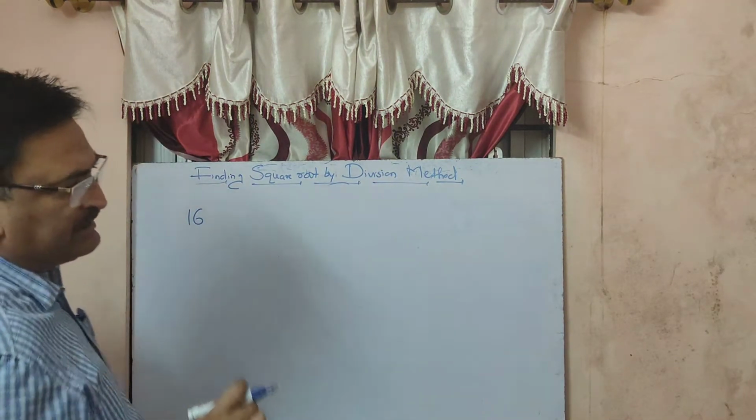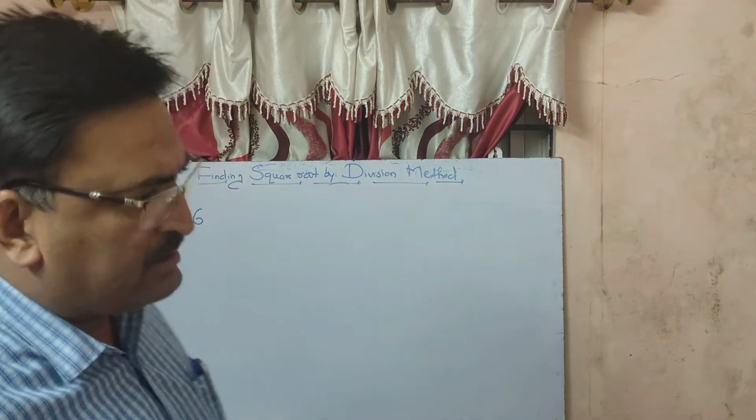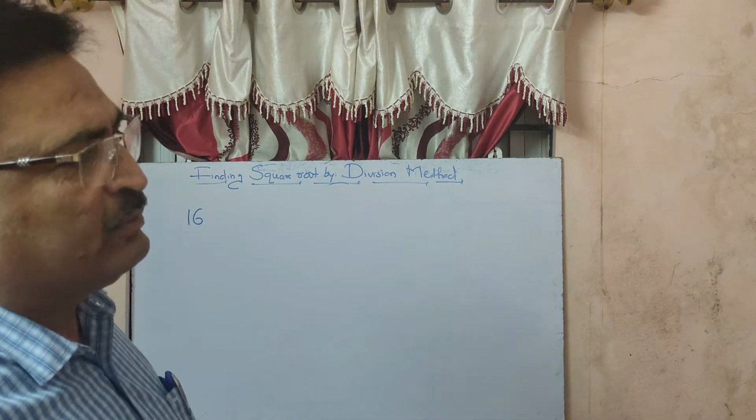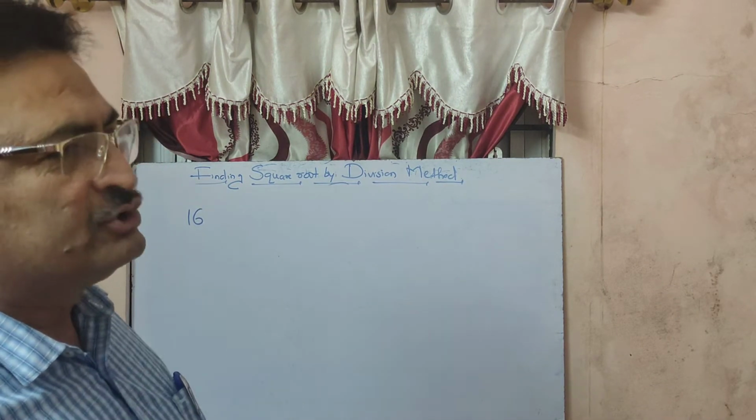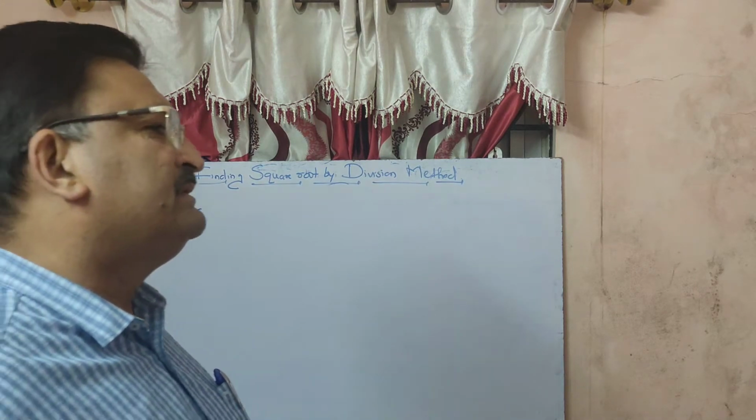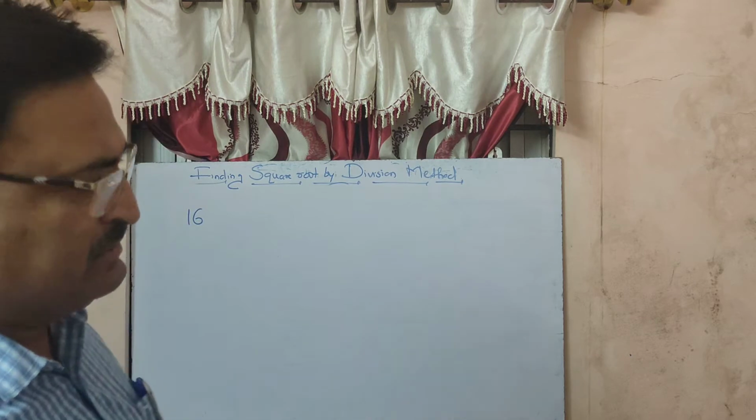It is 2, that is an even number. So without calculating, how do we find the number of digits of the square root?